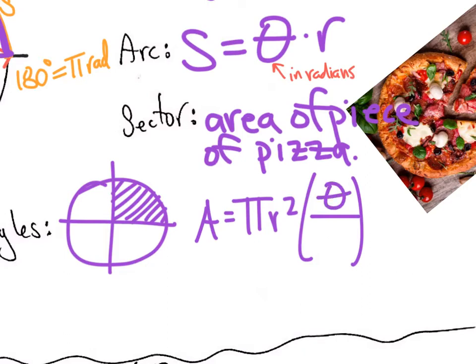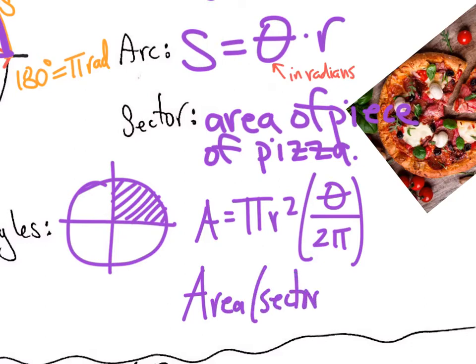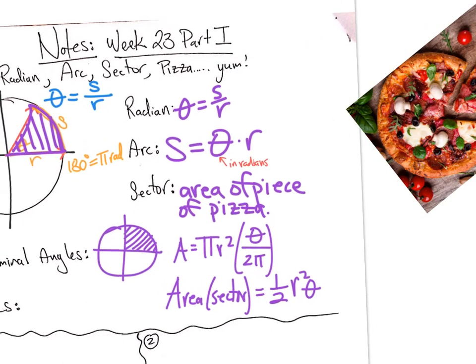So we can say our angle in radians over 2 pi, this is some fraction of the whole, and if we simplify this formula, the pi's cancel, and we end up with this. So area of sector is, and the 2 is in the denominator, so we can write that as 1/2, and we have r squared times theta. So this is the formula that we will be using to find the area of the sector.